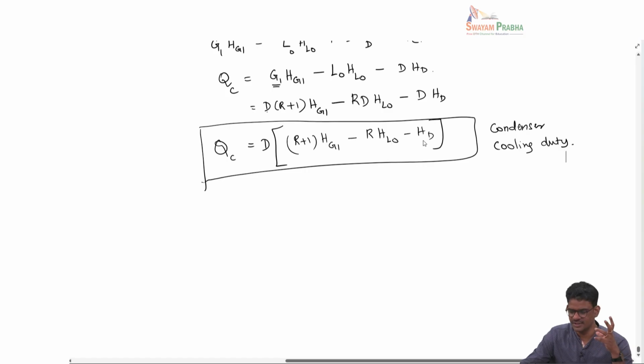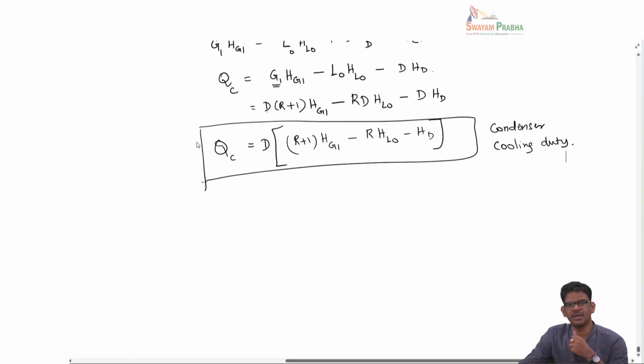Whether it is a total condenser or a partial condenser depends on these factors. If you want to have all of them condensed, HL0 and HD will be equal and may be related to the saturated liquid enthalpy, and you can calculate QC from here. QC is one of the important things that we may want to calculate.